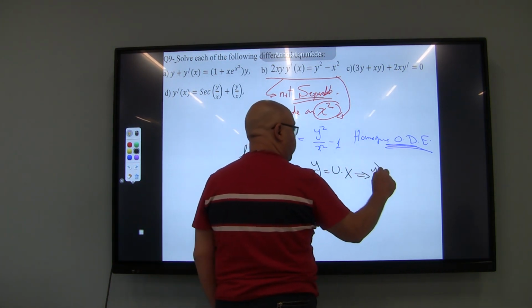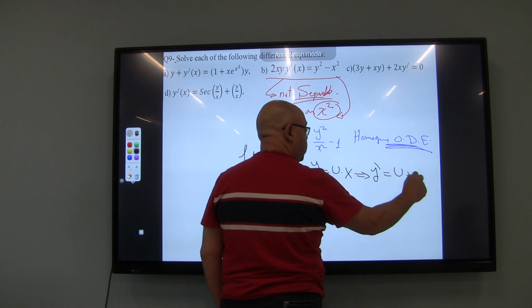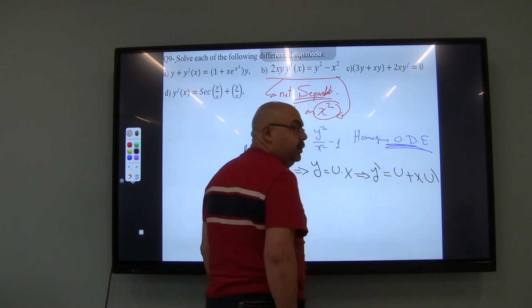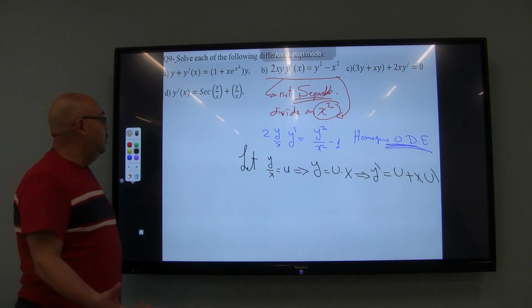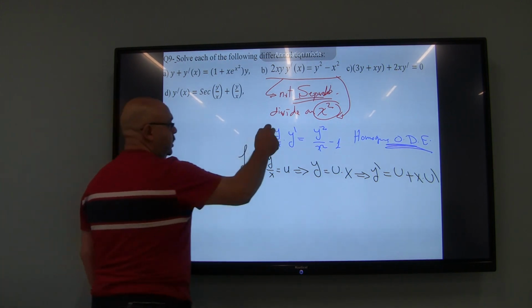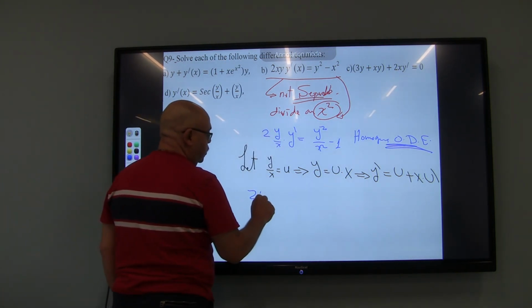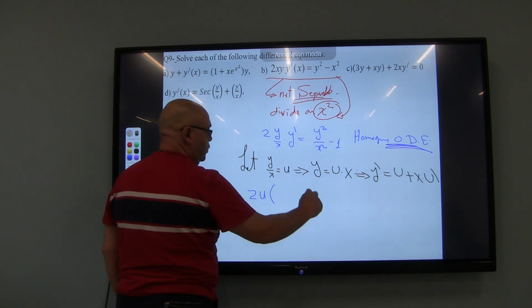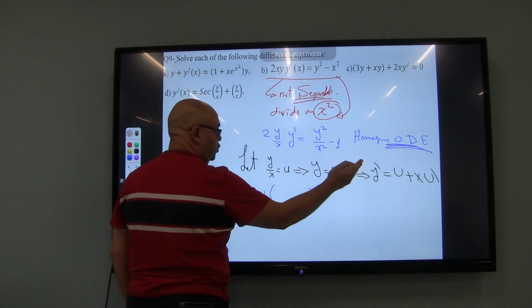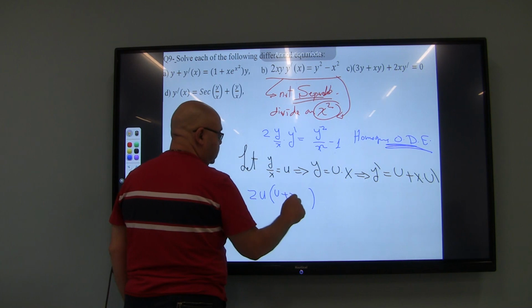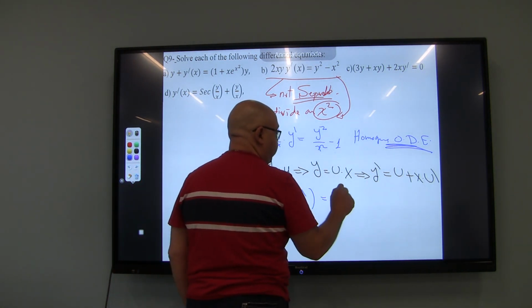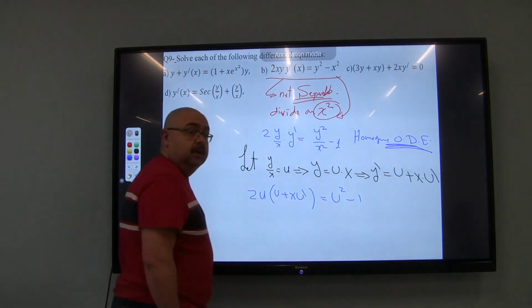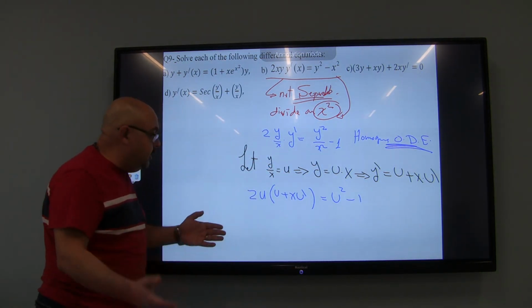That's y dash will equal u plus x times u dash. Then start substituting. Once you start substituting, you will have 2u, open your bracket. Instead of y dash, you will put u plus x u dash, which is simply going to equal u squared minus 1. Try to rearrange.